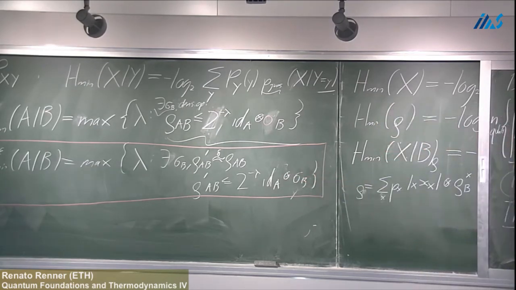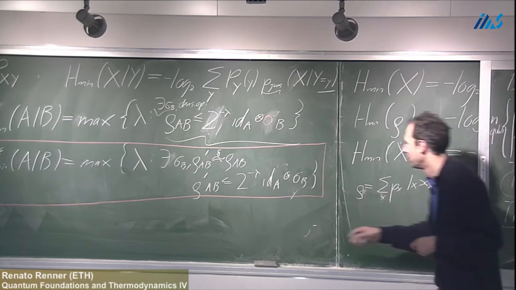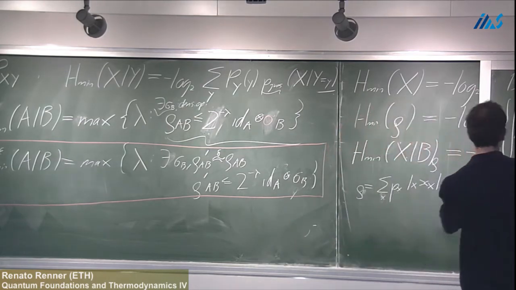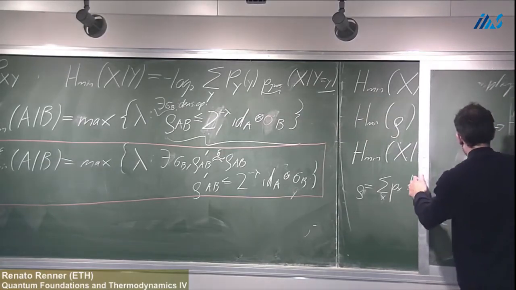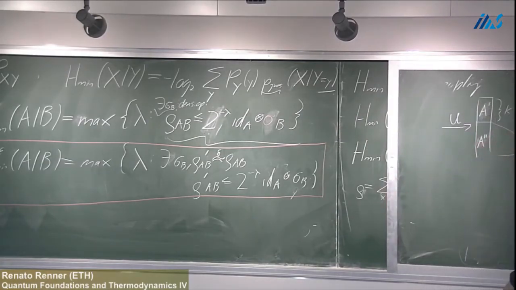Once you have proved the properties of this measure, you never have to go back to the definition, because I don't have to compute the explicit value. Of course, when you prove the properties, you have to worry about the definition. So we will still need it for a moment, but once we know the properties, we can completely forget about them. So let me now write down two properties of that.